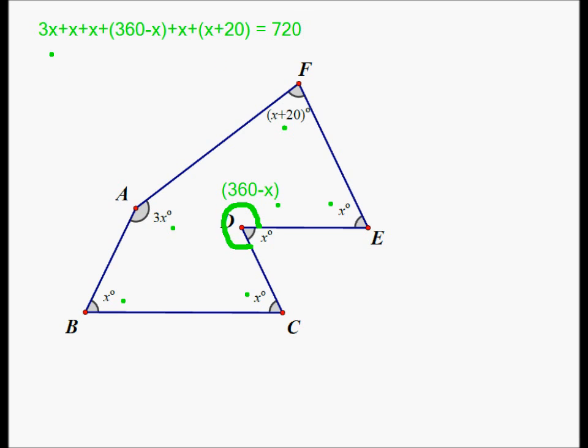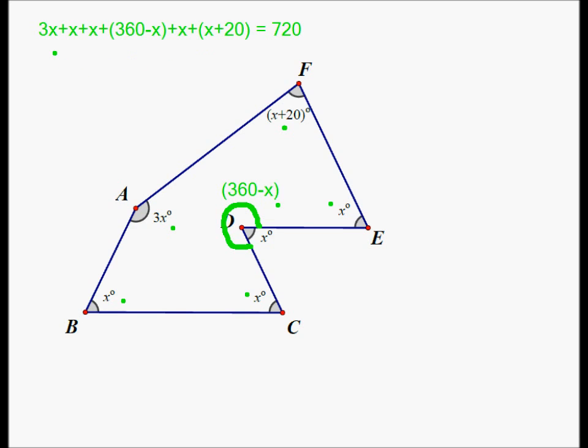So let's make sure we follow this. 3x, this angle, x, this angle, x, this angle, 360 minus x, then x plus 20. I've accounted for all the 6 angles, and when I add them up, I should get 720. We're going to use this equation to solve for x.